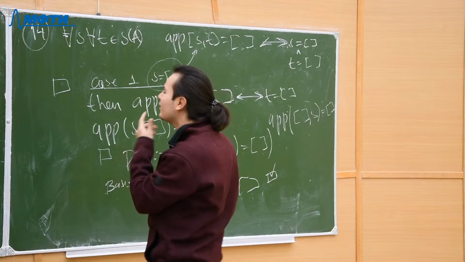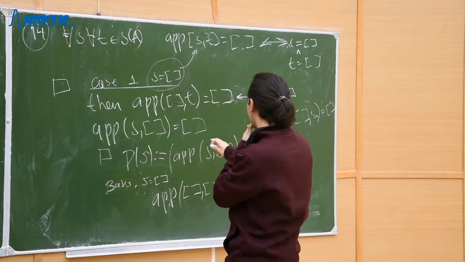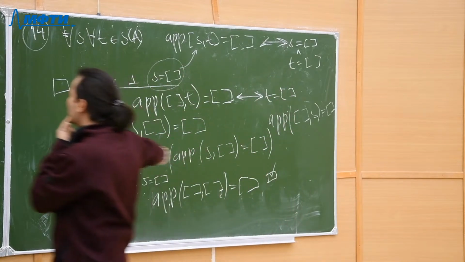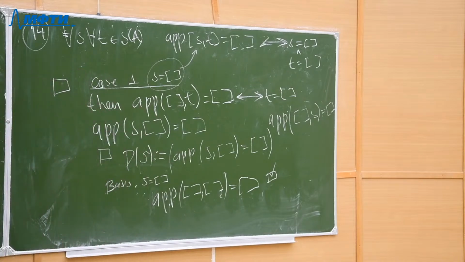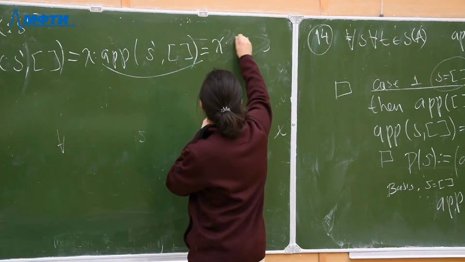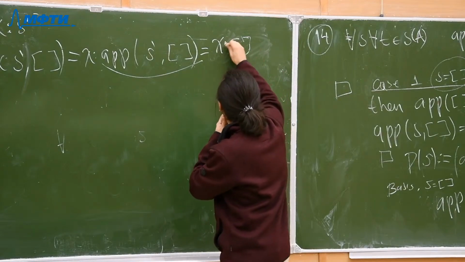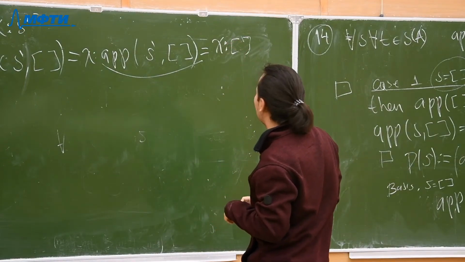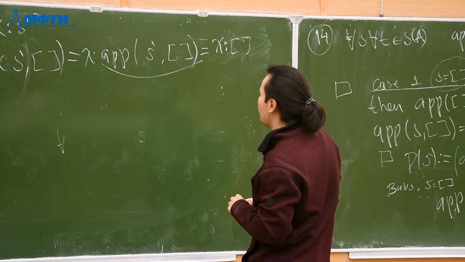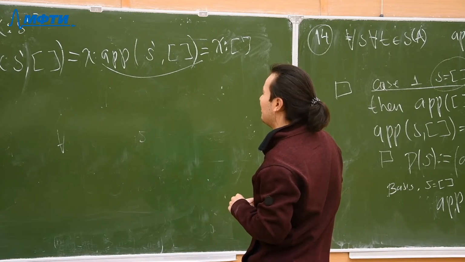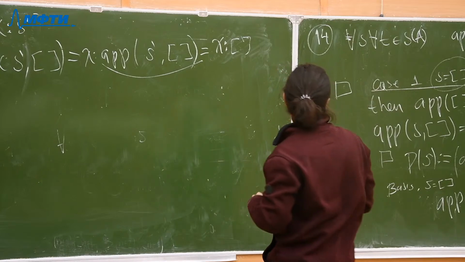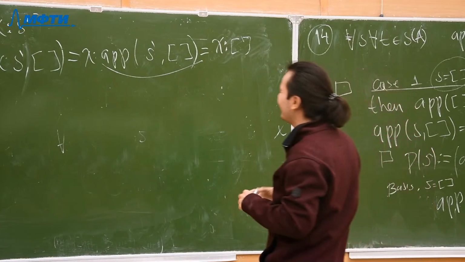Where's the problem here? This should be empty. Yes. Empty. And that is X. Yeah, that's not good. Where's the problem here?